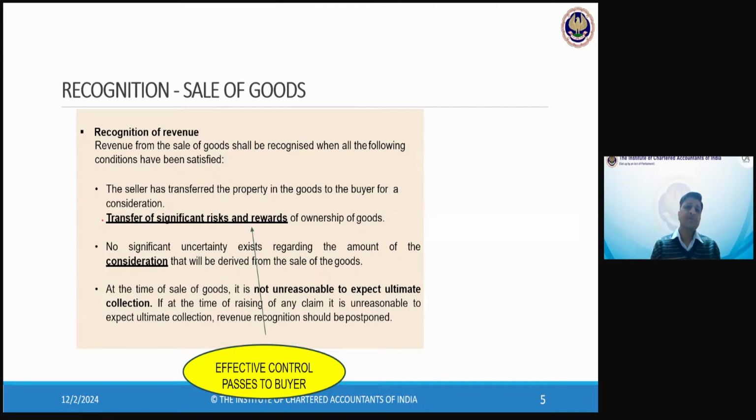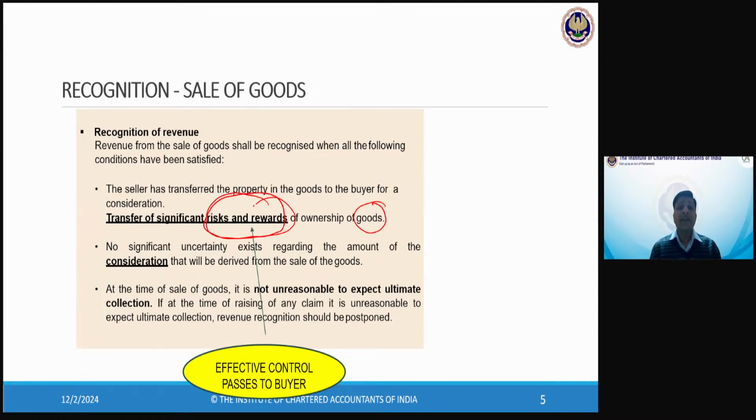Now, as regards revenue recognition as per AS9, there are two conditions which are required to be fulfilled. What are those two conditions? One, in relation to the goods, risk and rewards attached to those goods should get transferred to the buyer.